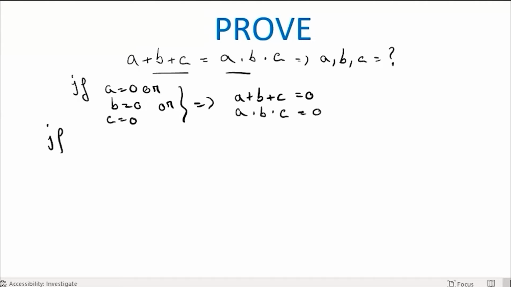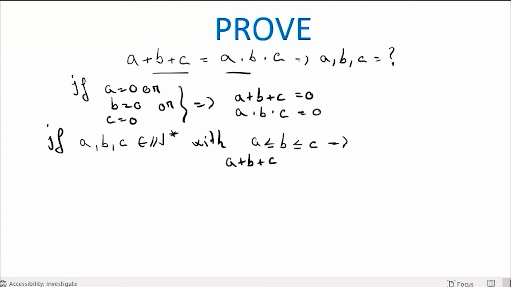If A, B, C are non-zero numbers with A less or equal than B less or equal than C, it results that A plus B plus C equals ABC.